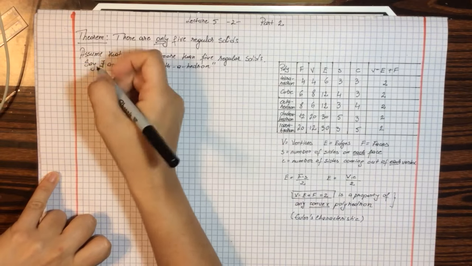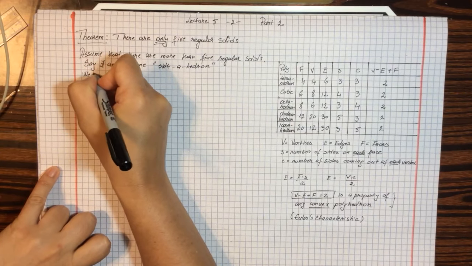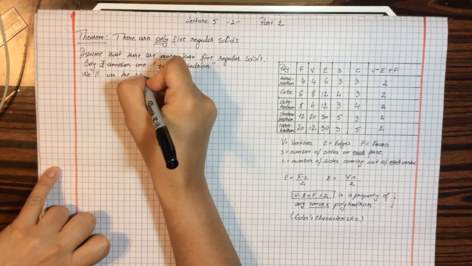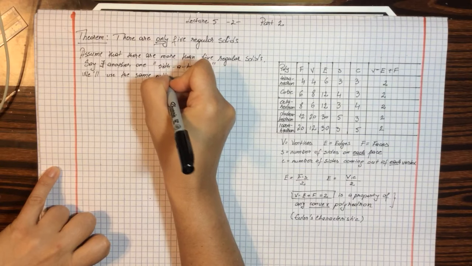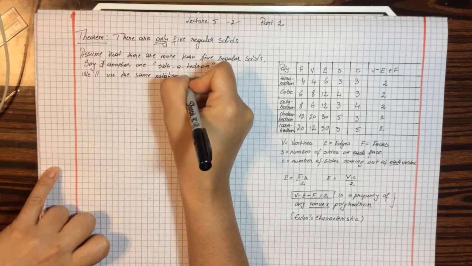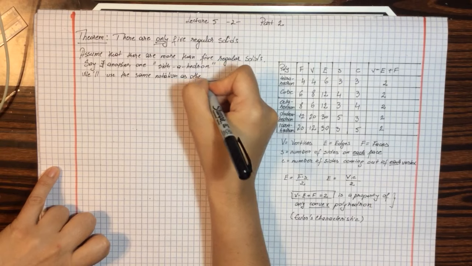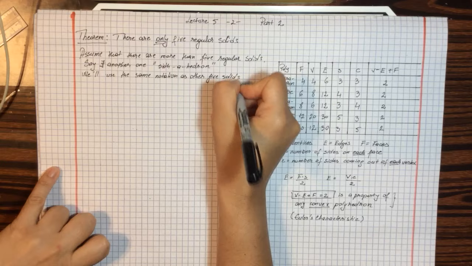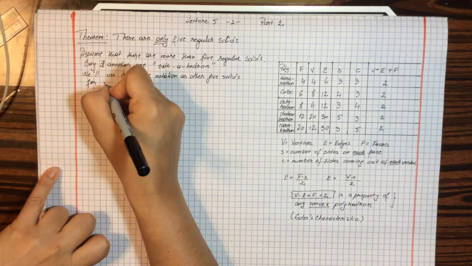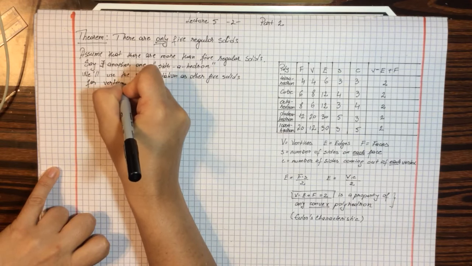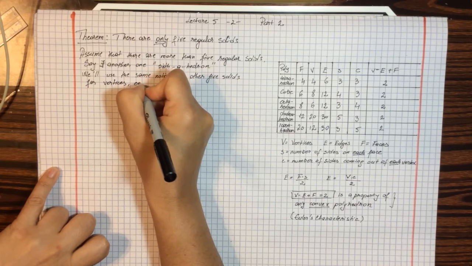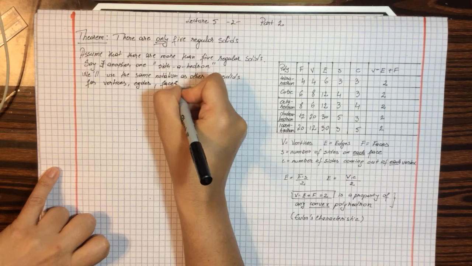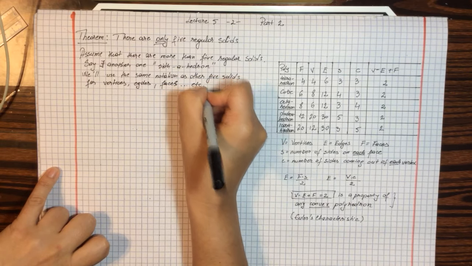So we'll use the same notation as for the other 5 solids, for vertices, edges, faces, etc.